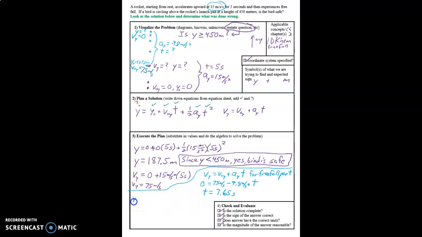And then we can apply this equation again, y equals y naught plus v naught yt plus 1/2 ayt squared.